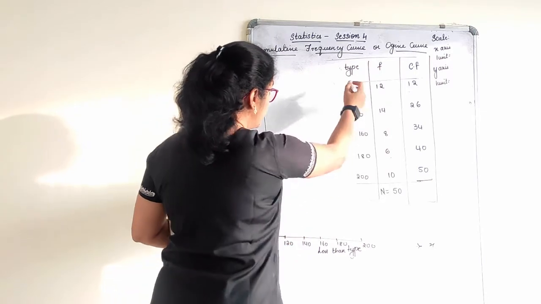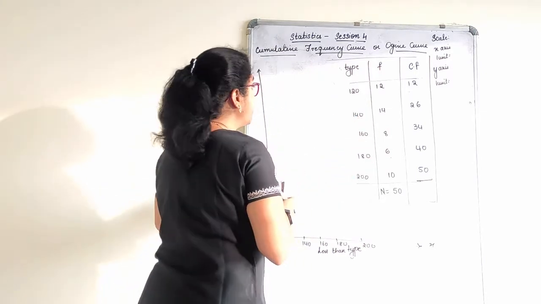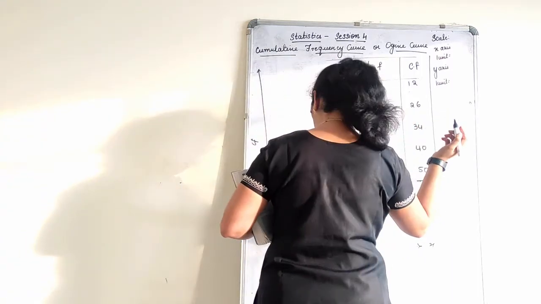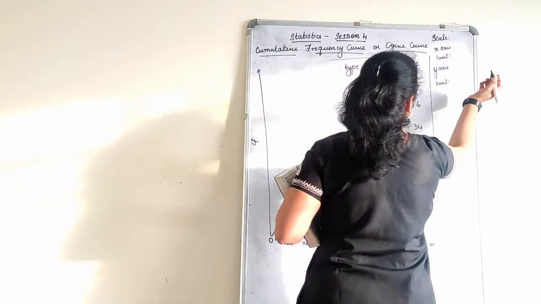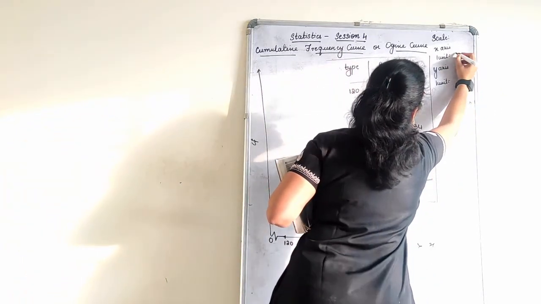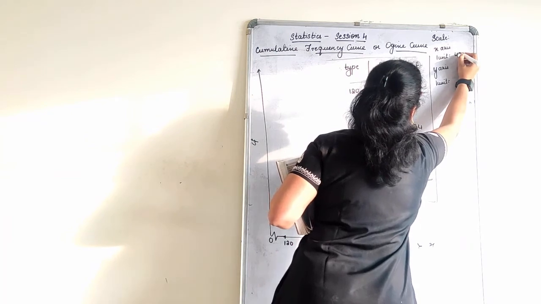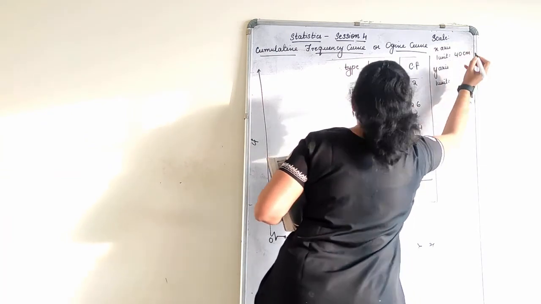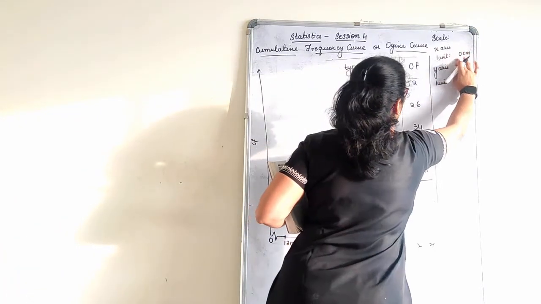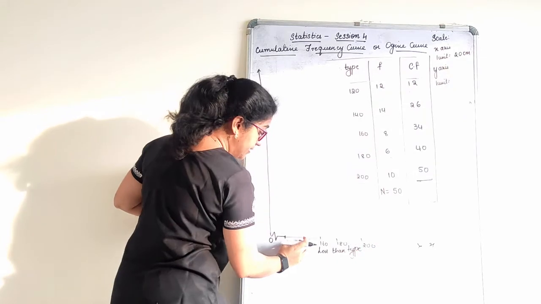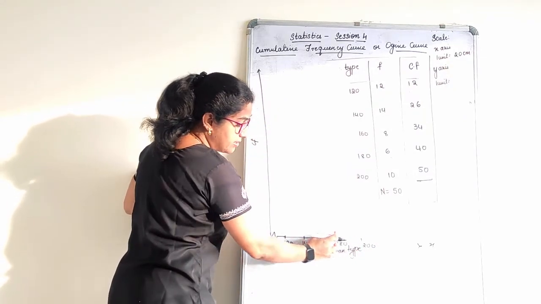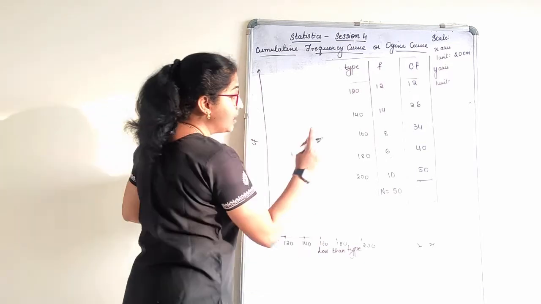The scale you use here is 1 unit is equal to 20 centimeter. We are using 20 centimeter difference here in each.